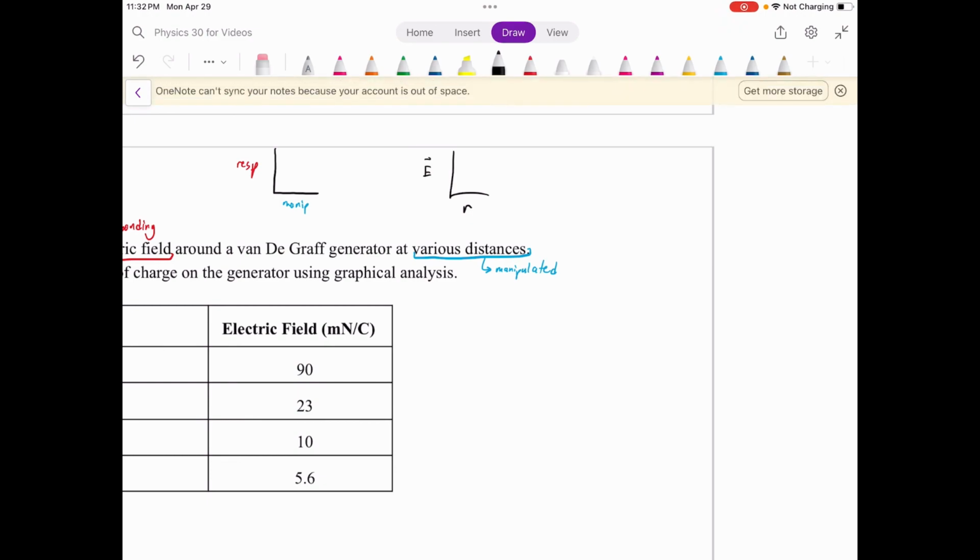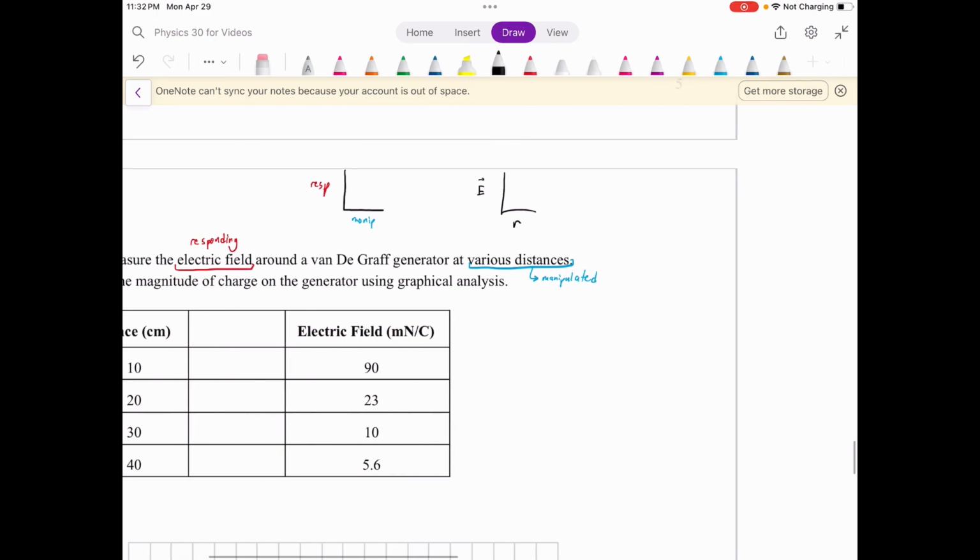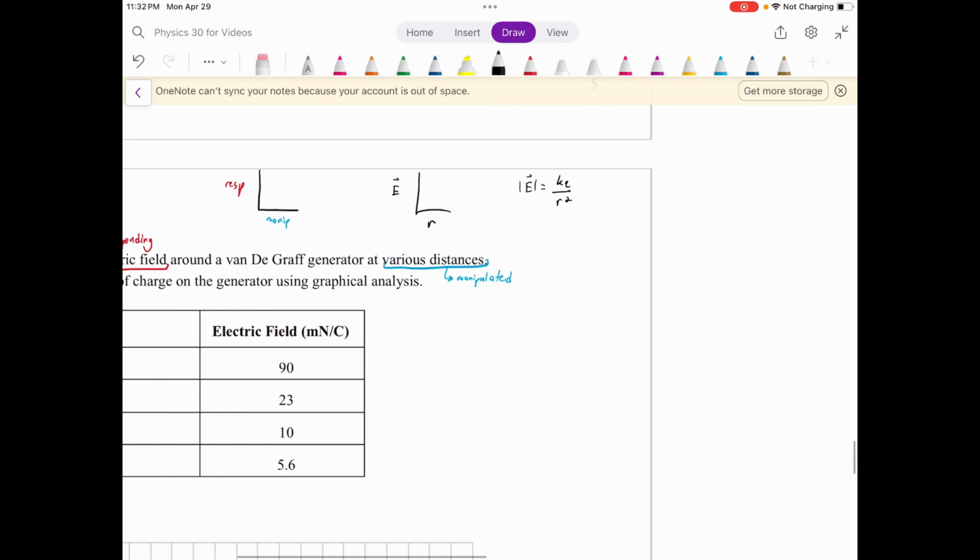Because what equation governs this relationship? Well, we know that the electric field is going to be kQ divided by r squared. So what's the relationship between the electric field and the separation distance? Well, it's inversely proportional to the square of the separation distance, right?